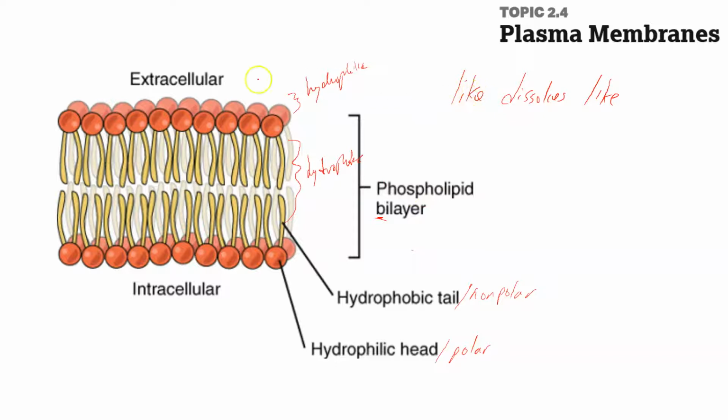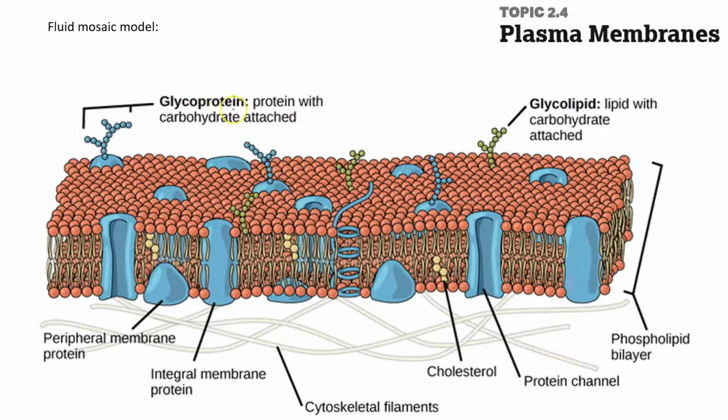Now, of course, this is the simple model that you probably have seen many times before. You've probably also seen something like this as well. This is the fluid mosaic model, or it more accurately looks like the fluid mosaic model. Fluid mosaic model simply describes the fact that cell membranes are fluid-like.